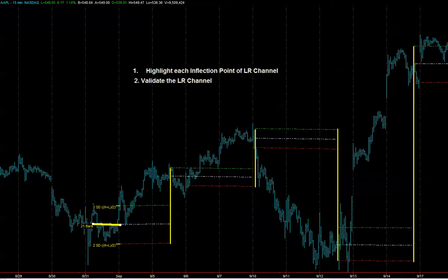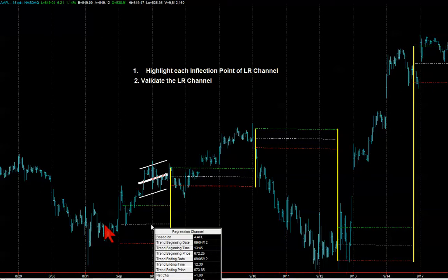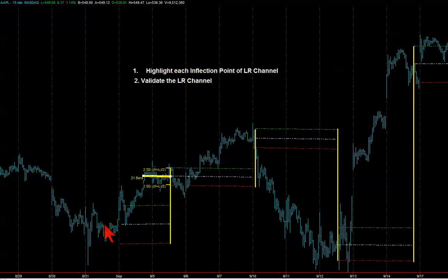We draw a line there and there. And then we move along with our screen, and now we pay attention to where the new linear regression channel is relative to the previous one.